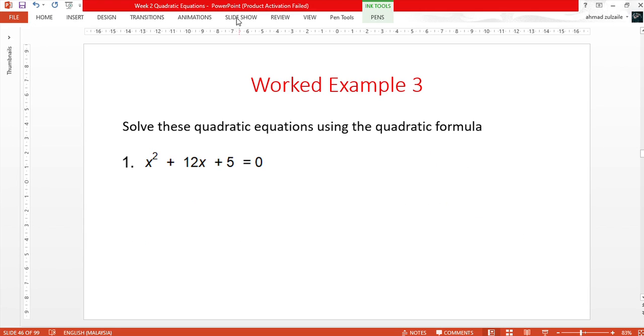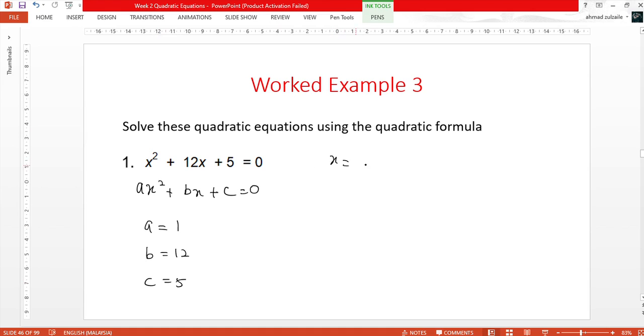Okay, but I'm going to show you the answer for question number 1. If you compare with the general equation of ax squared plus bx plus c equal to 0, then you know that your a equal to 1, your b equal to 12, your c equal to 5. So therefore, just simply substitute into the equation.